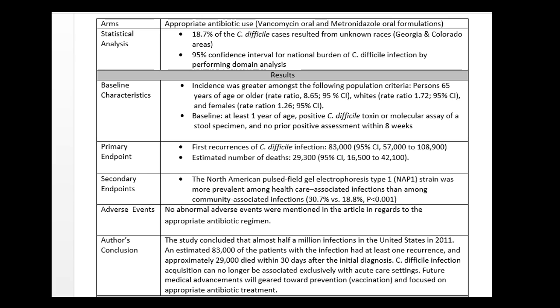As you can see, the primary endpoint, like I said, was the first recurrences and the estimated number of deaths. The adverse events, they didn't really go into detail other than severe forms of the infection and the adverse events related to the different treatment.